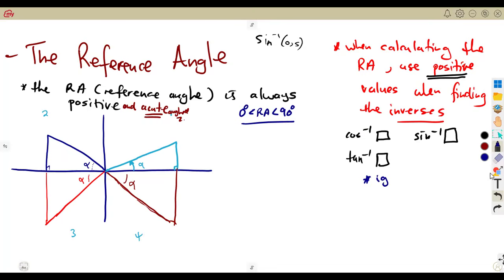You must ignore the negative. When a negative is given, ignore it. Wherever there's a negative, ignore it for a reference angle.